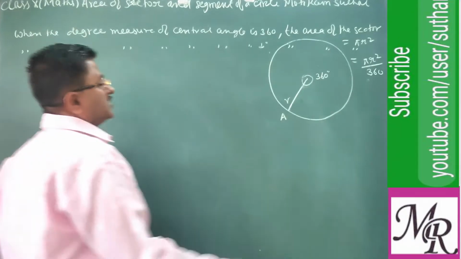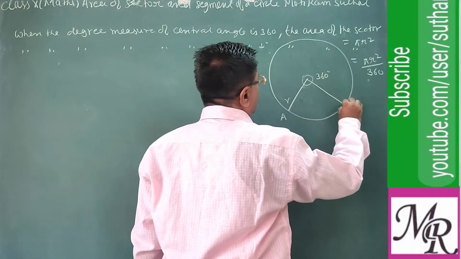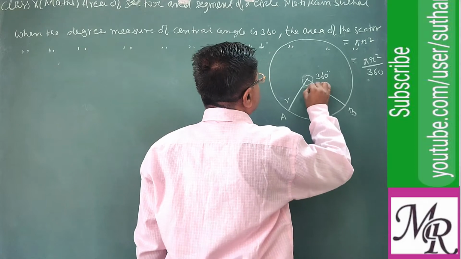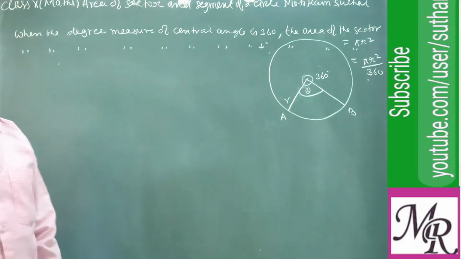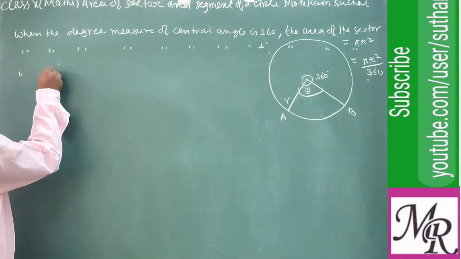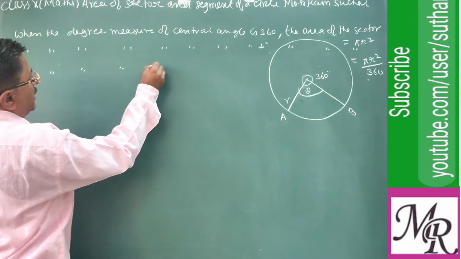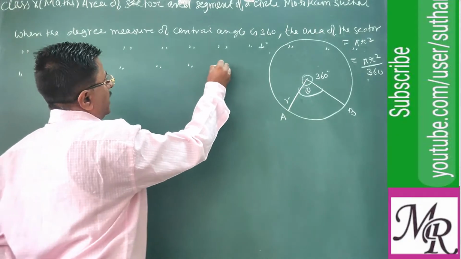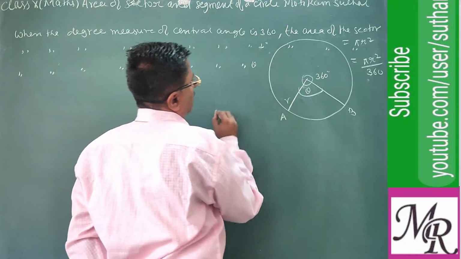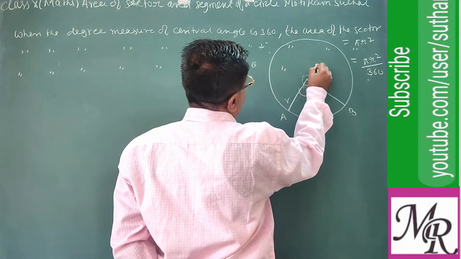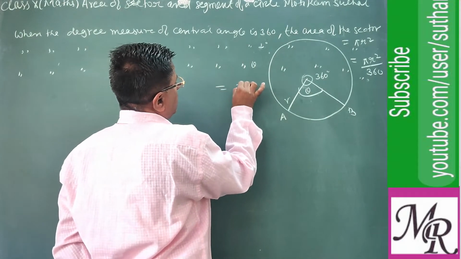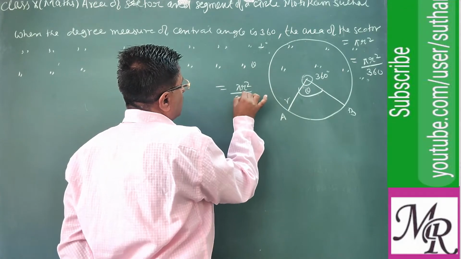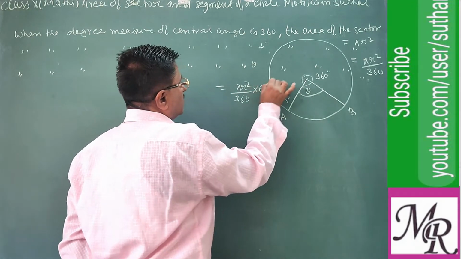Now suppose the central angle is theta or any degree, then what will be its area? So you write: when the degree measure of the central angle is theta, then the area of the sector will be pi r square upon 360 into theta.